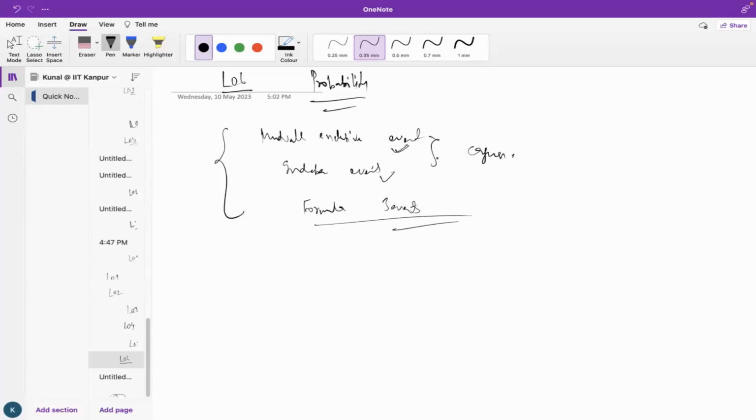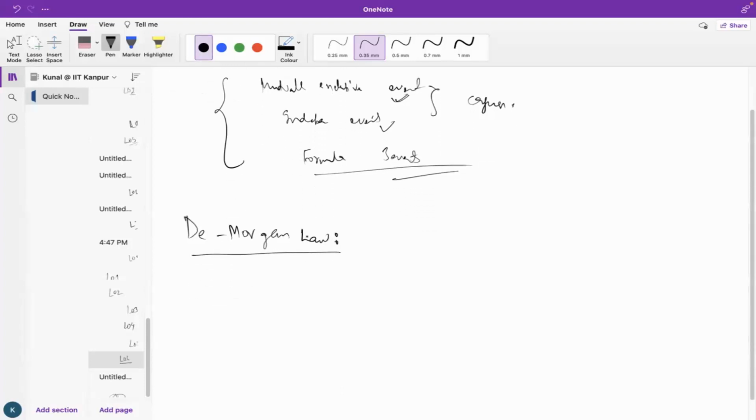So in today's class, we are first going to discuss a law which is named De Morgan's law. You all read this law in set theory, so I am going to remind you of that.